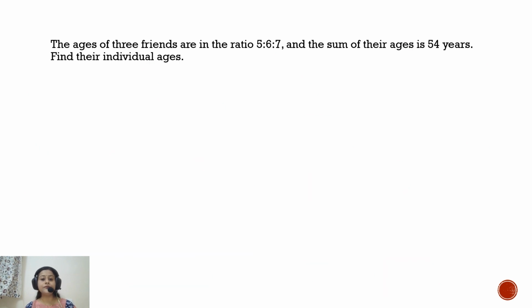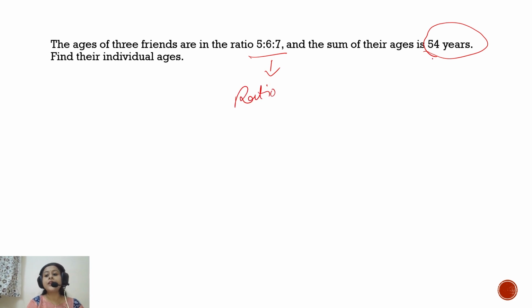Another example we will see. Here it is mentioned that the ages of three friends are in the ratio 5:6:7, and the sum of their absolute ages is given. So what is given? The ratio of their ages is given and the sum of their ages is given.